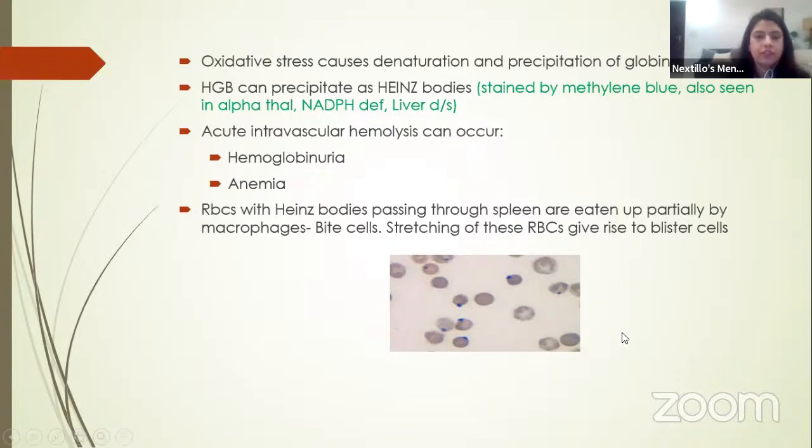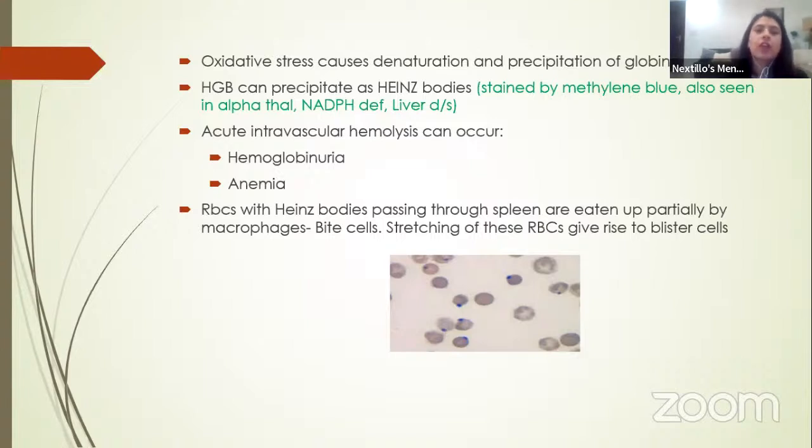Now, this forms abnormal RBCs, and it is detected by our body, and there is acute intravascular hemolysis. So what is intravascular? These RBCs are being destroyed in the blood vessels itself. So now there'll be hemoglobinuria. That means that this RBC breakdown leads to release of hemoglobin in the bloodstream, and it will be excreted in the urine, leading to hemoglobinuria.